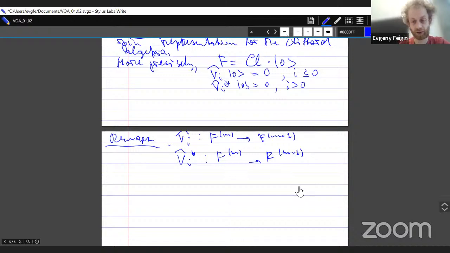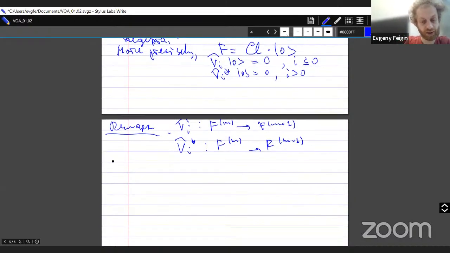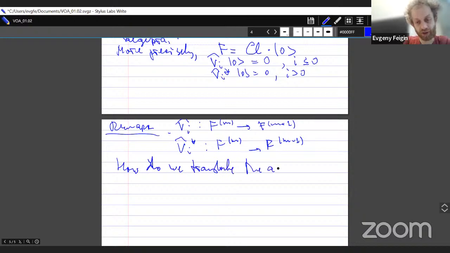The question is, how do we translate the action of v_i hat and v_i hat star to the B polynomial space?